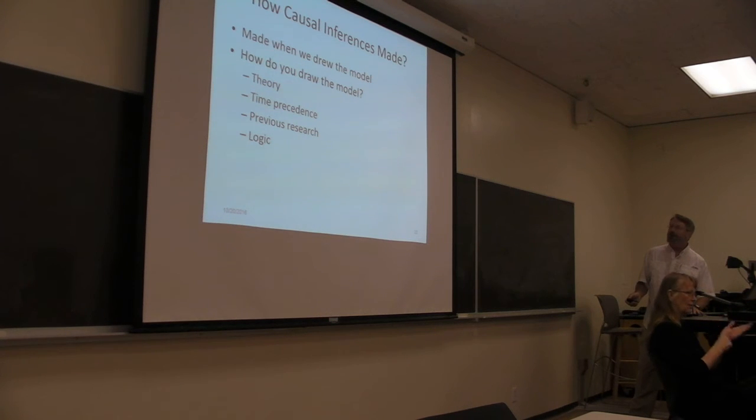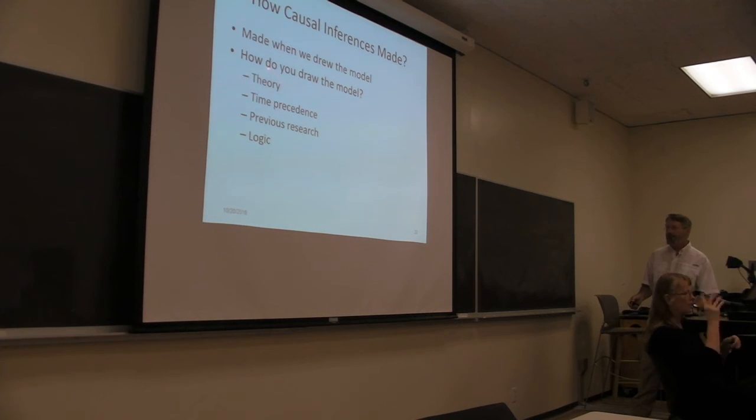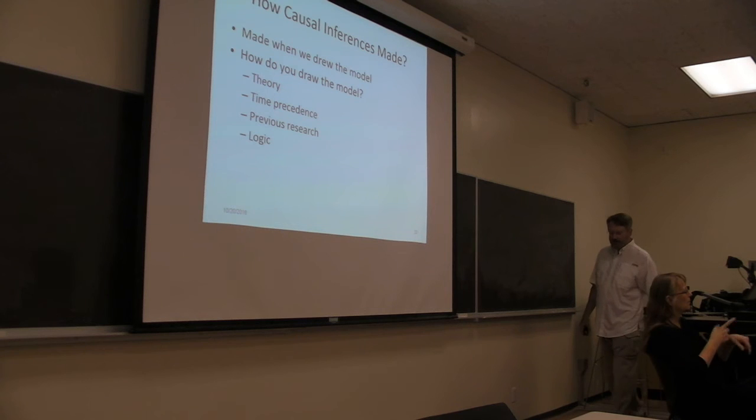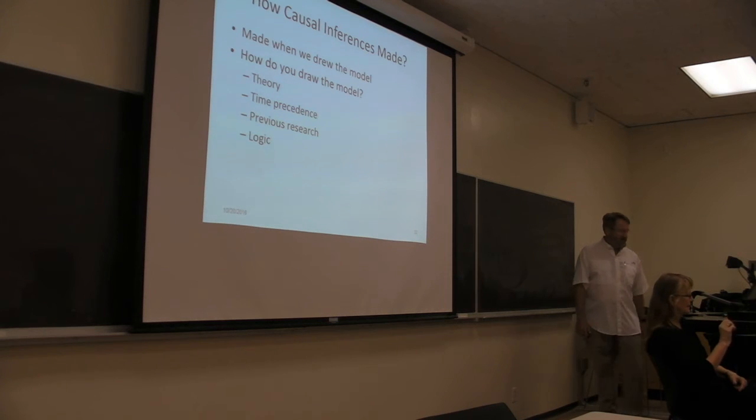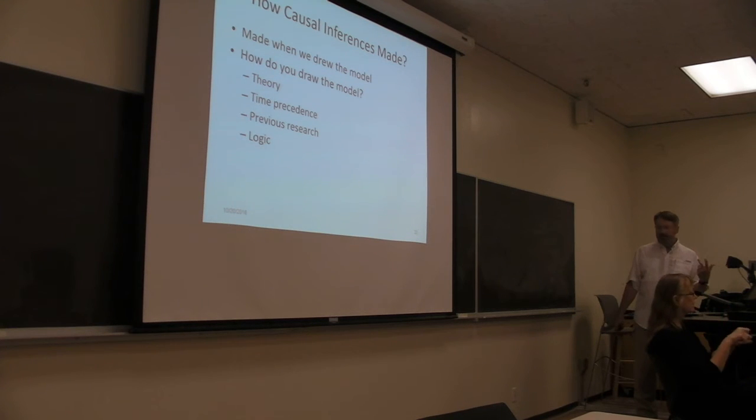Okay, so how did we make the causal inferences? Well, we made the causal inferences when we drew the model, and we based it on theory. I talked about school learning theory. We talked about previous research. You can also use time precedence, and this is something that applies to the current model, even though perhaps you measured cognitive ability and motivation at the same time. We also know that cognitive ability is extremely stable over time.